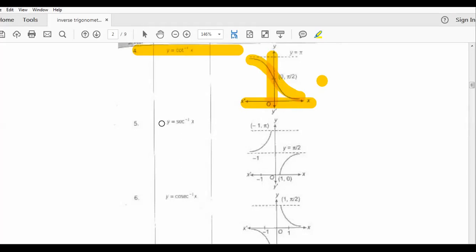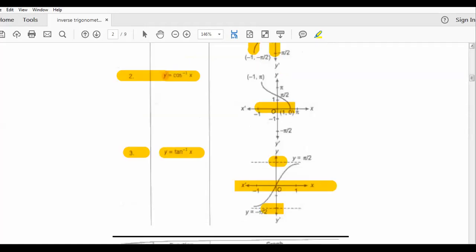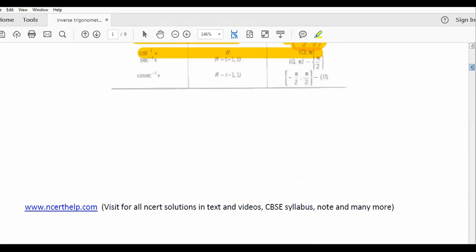Graph of y is equal to secant inverse x. This is the fifth function. Now for this, what is the domain? So the domain of secant inverse x is all the real numbers except -1 and 1.